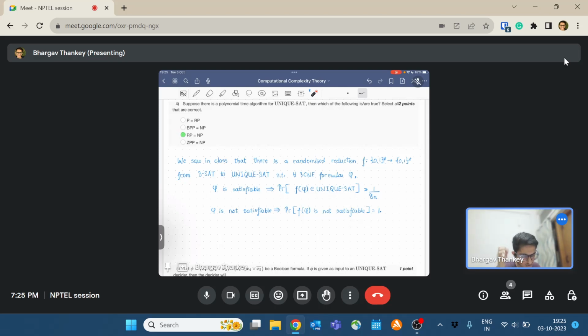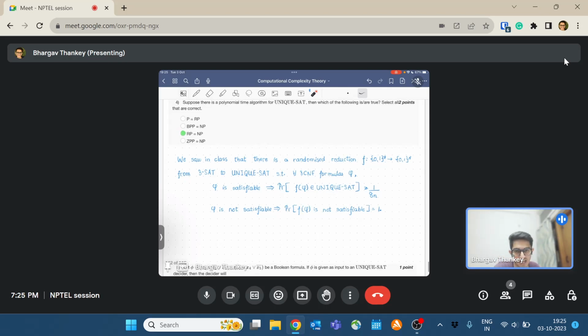Okay, so the success probability of this algorithm. When phi is satisfiable, the success probability of the algorithm would be at least 1 over 8n. And when phi is not satisfiable, its success probability is 1, right? So this algorithm can give you false negatives, but it can't give you false positives.